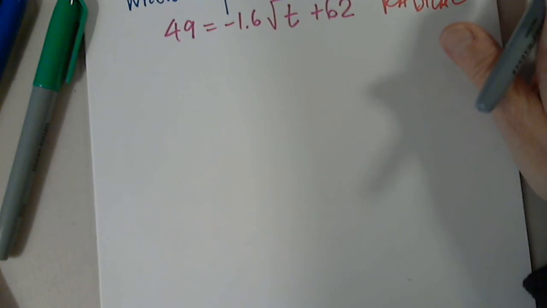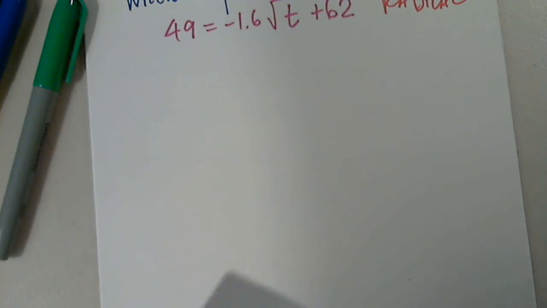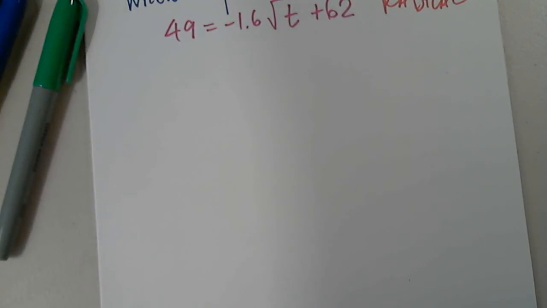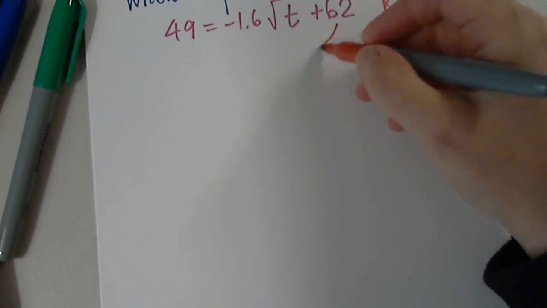Good. We identified it correctly. And now the next question is, how do we solve it? Combine like terms. I can only combine which terms? Subtract 62. Very good.